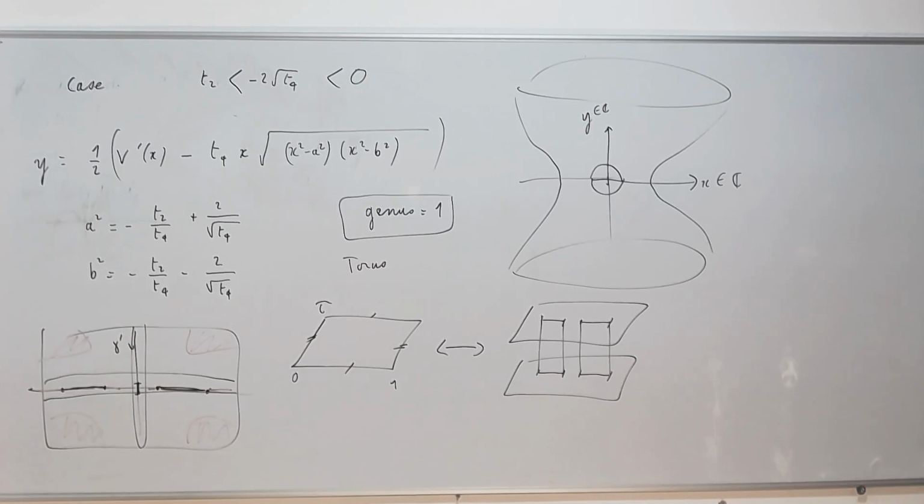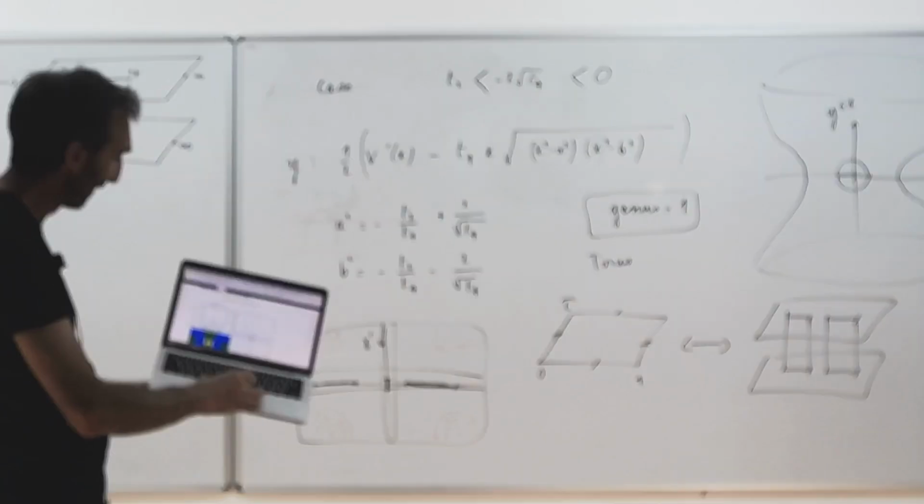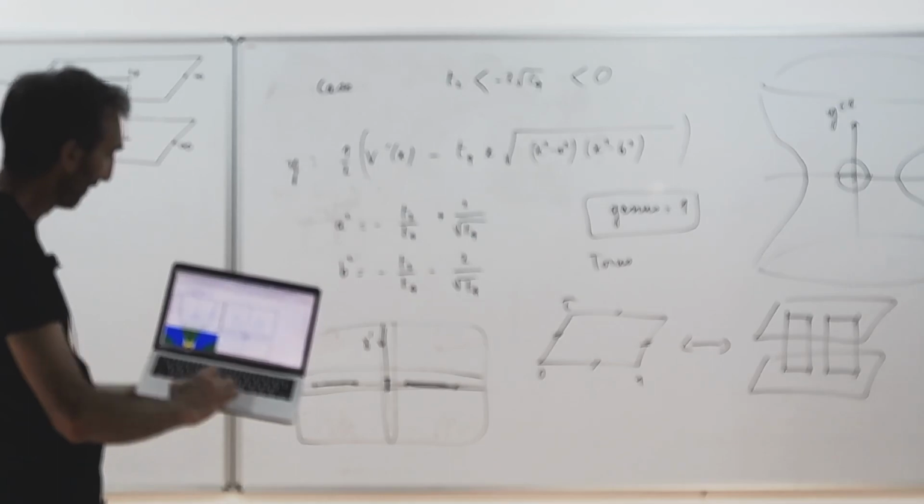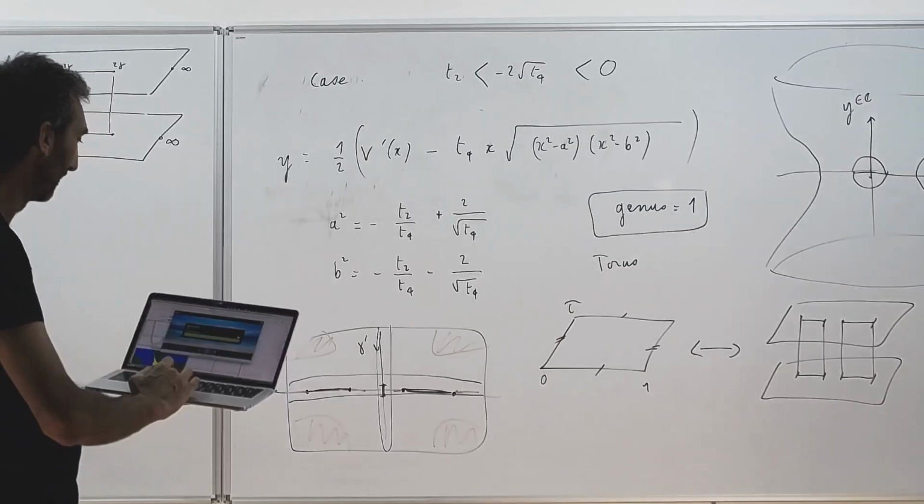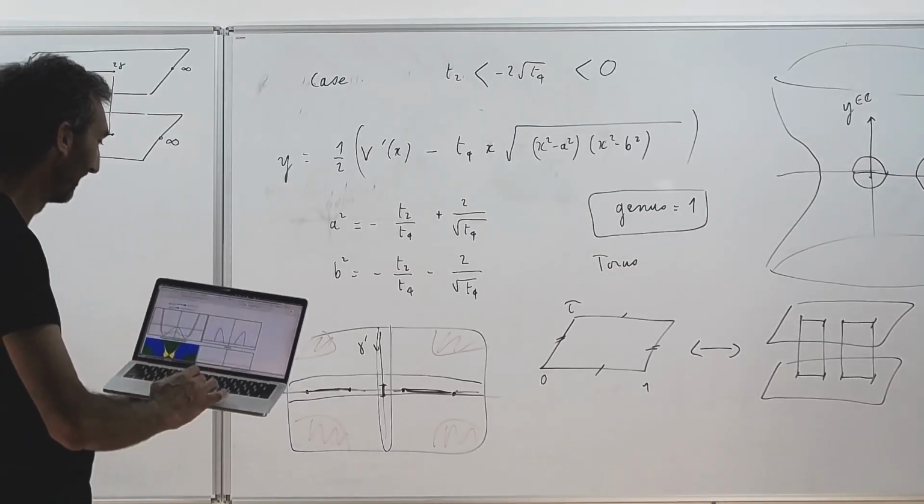Otherwise, it means, again, your hypothesis was wrong. So I did that on this page, and I can try to show it to you. I don't know if it's so visible. So here, let me try to enlarge. Okay.